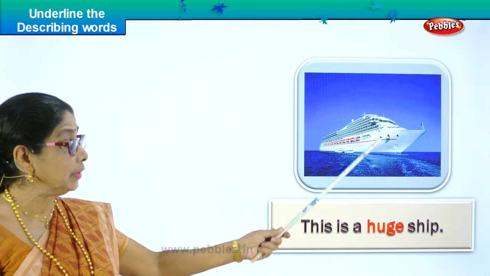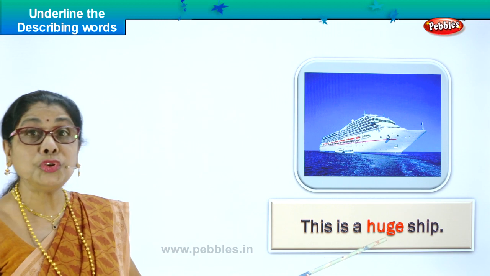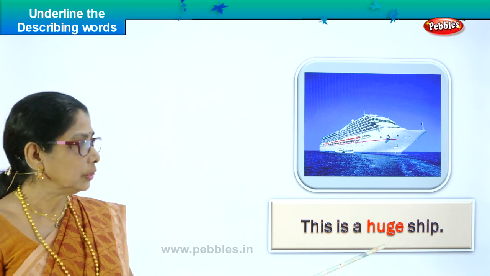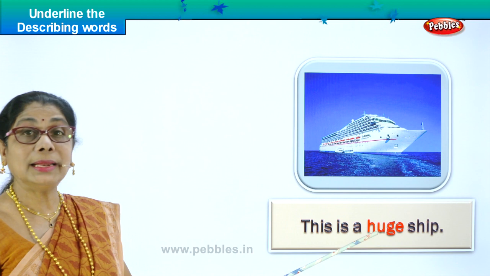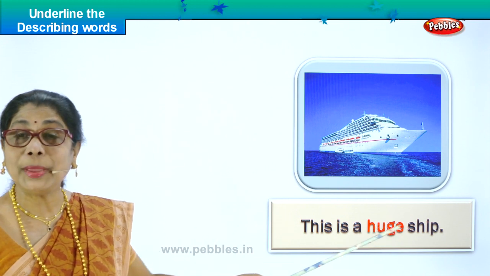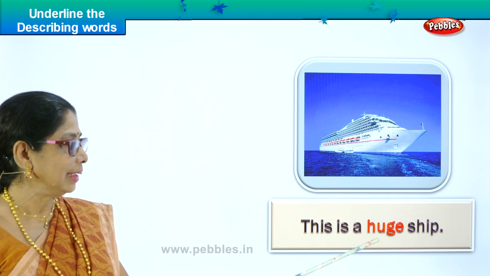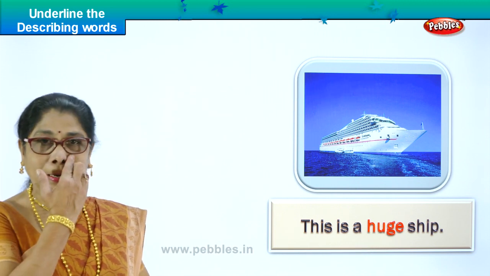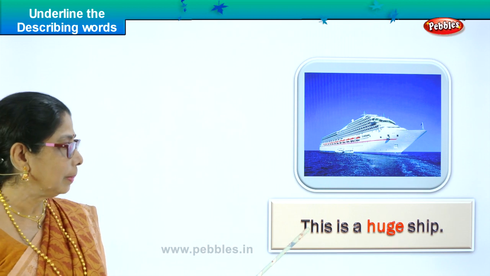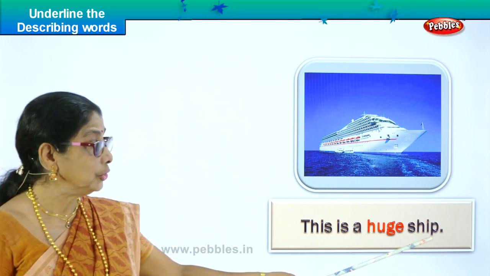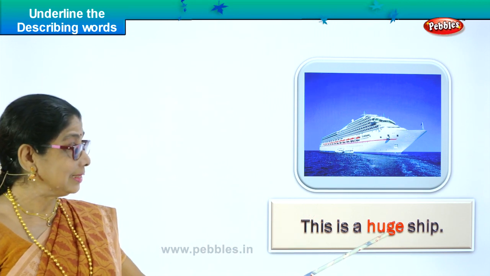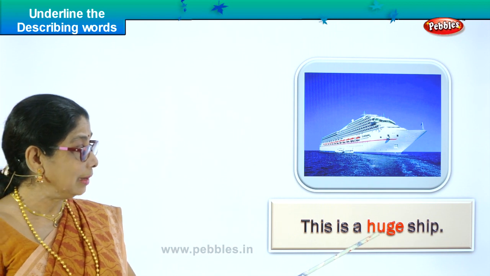It describes the ship saying it is huge, very big. So huge is the word that describes the ship. So we underline the word huge. We underline the descriptive word huge here. This is a huge ship. Very good. Yes? Huge. Underline.